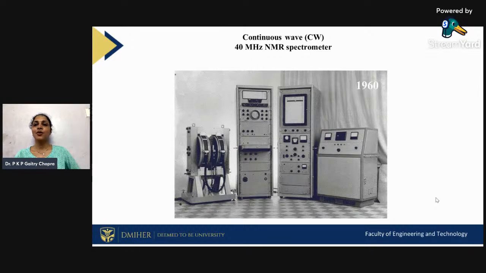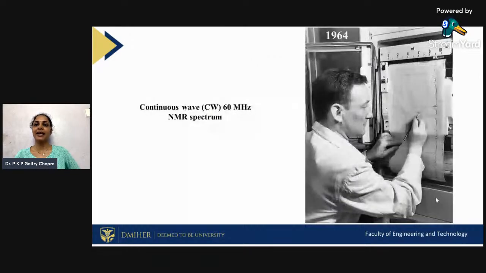Next. So it started evolving, and this is the NMR spectrum that you got in 1964. This is again for a 60 megahertz NMR spectrophotometer. In those times, this was the way in which NMR spectra were deduced by the scientists.